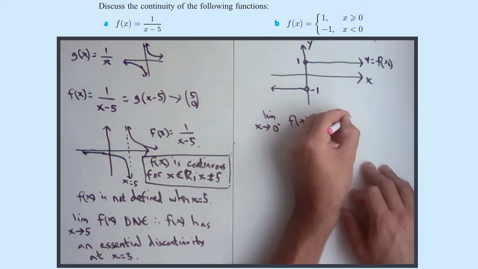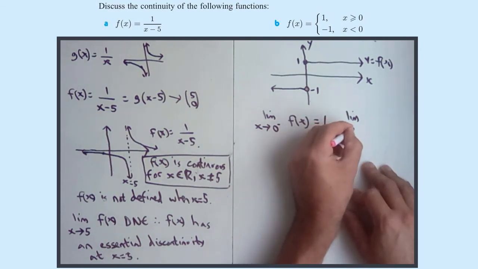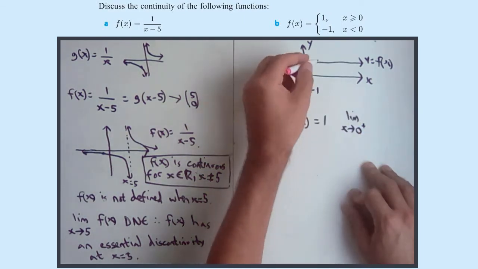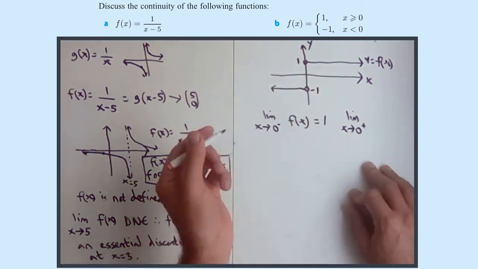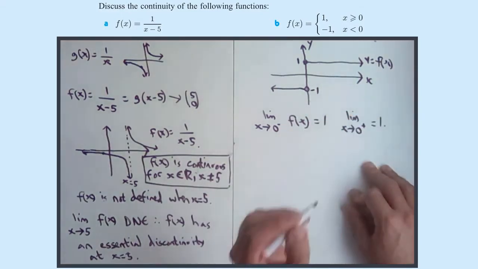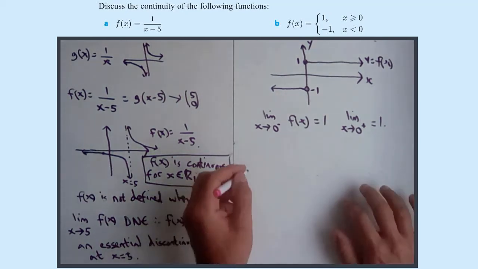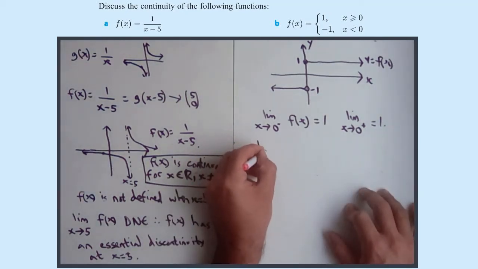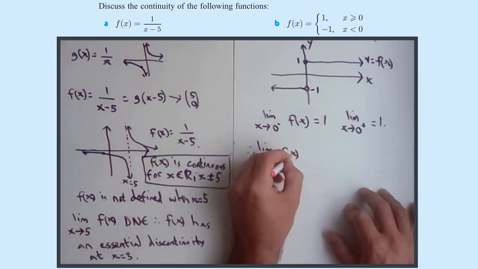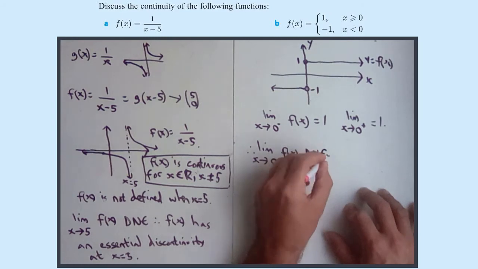The limit as x approaches 0 from the other side: if we approach from this way, we're approaching 1. So that means that limit doesn't exist because it's not approaching the same thing. Therefore, the limit as x approaches 0 of f of x does not exist.